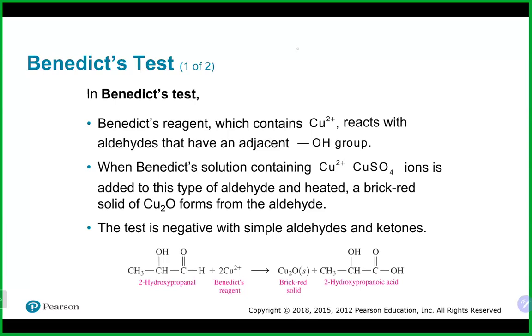The copper 2, which is a blue color, will be reduced and will then make a copper 1 ion, which is, dare I say, a very ugly orangish, reddish, kind of pukey looking color, depending on what you have going on in your lab, but kind of an orangey type color is what it's going to be.